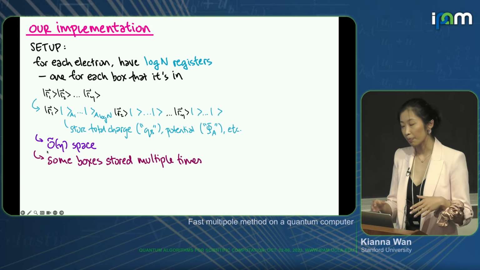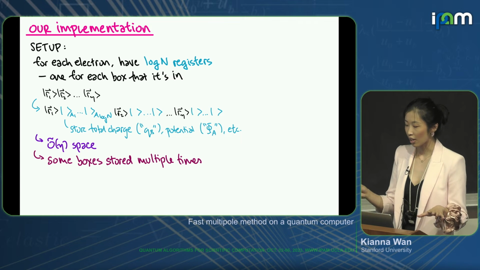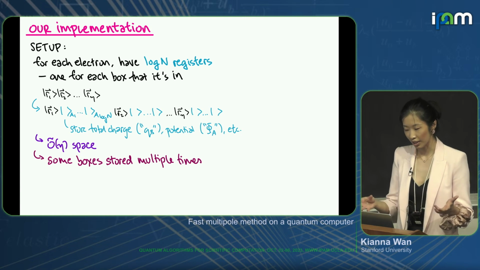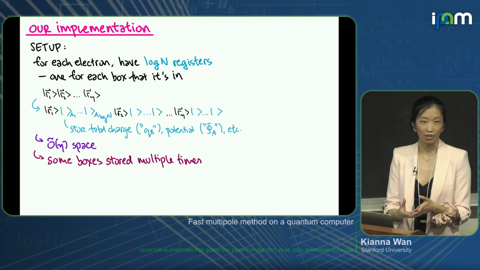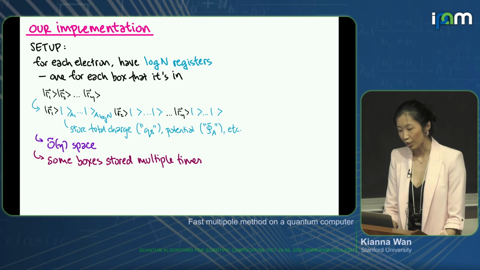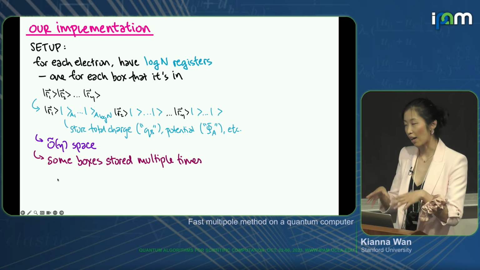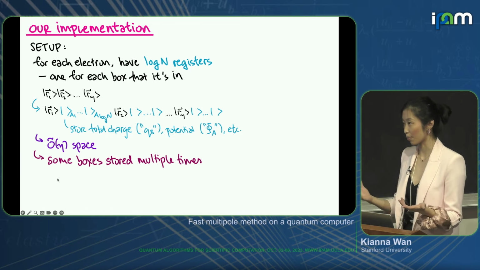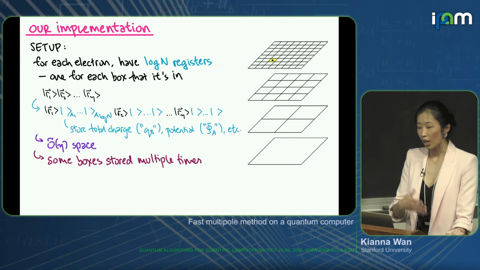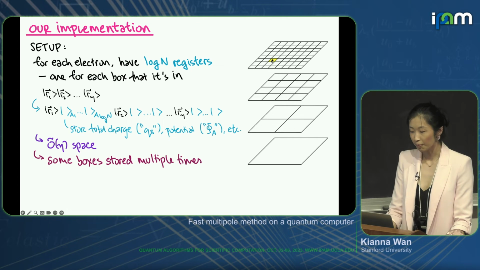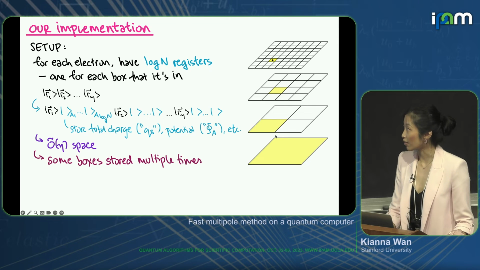And also notice that some boxes may appear in this encoding multiple times because multiple electrons can appear in the same box. So each of the electrons that are in the same box will have a register storing the information about that box. For instance, if we have an electron here, it also will be in these boxes at the lower levels.